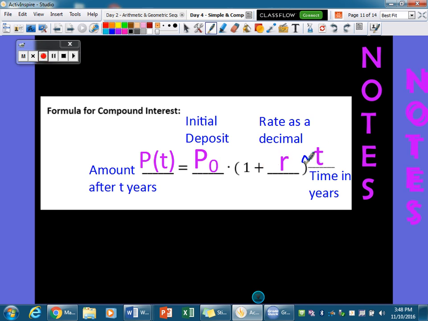And then it's to the power of t, so use the caret sign on your calculator and then put your years here. It's not times t, it's to the power of t.